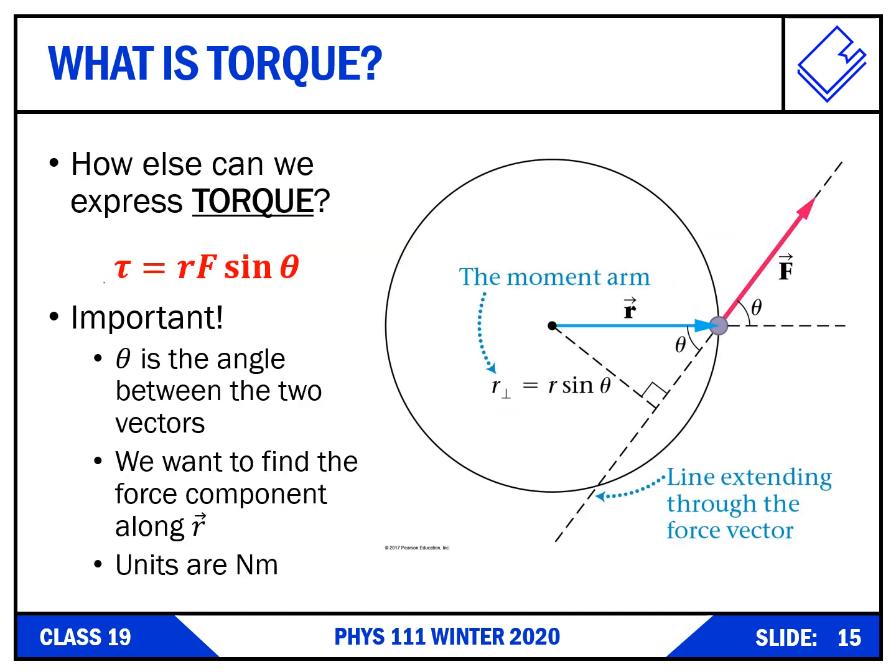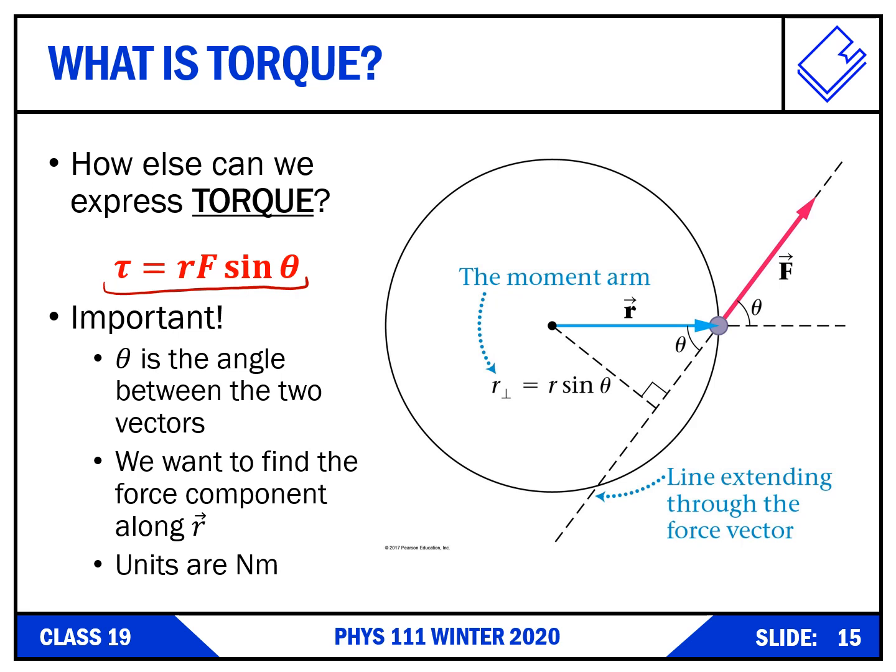So as I've explained, that is how you would represent the cross product in a mathematical formula of just magnitudes. So you have torque being equal to the magnitude of the radius, the distance of the force acting on the system, times the magnitude of the force times sine of theta.